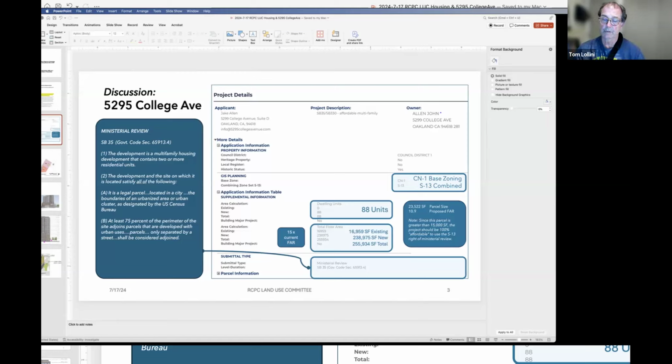I tend to agree with Greg, in my development experience. Financing a mixed use project with 2 uses is complicated enough. If you've got 4 uses, it's almost impossible to get the money to actually build it. But the zoning is CN1 base zoning. It's got this S13 combined, which is also rather complex.